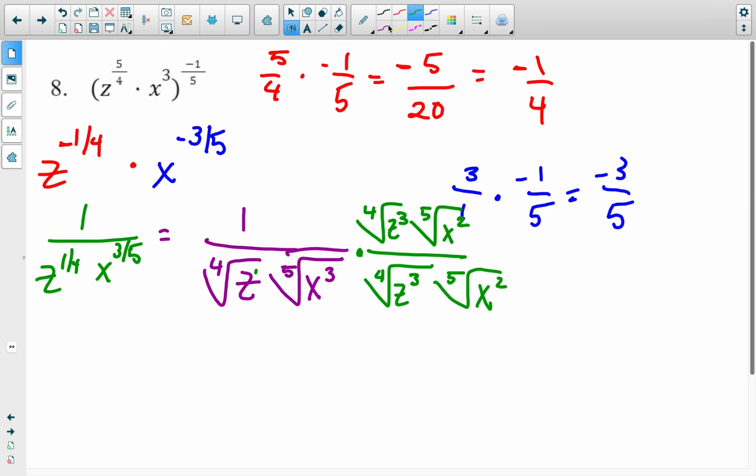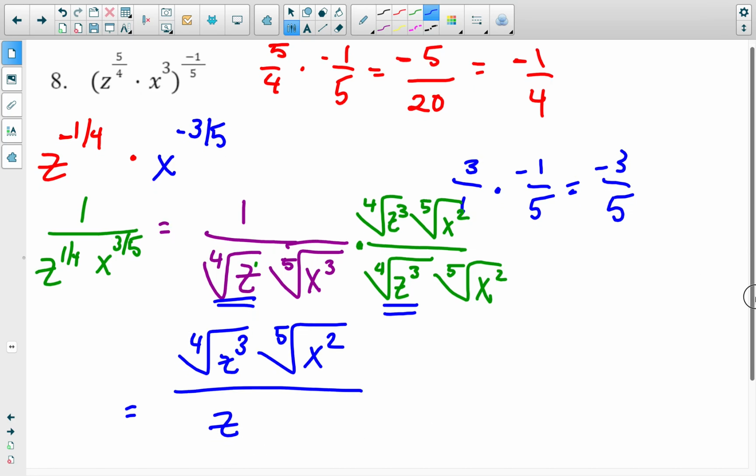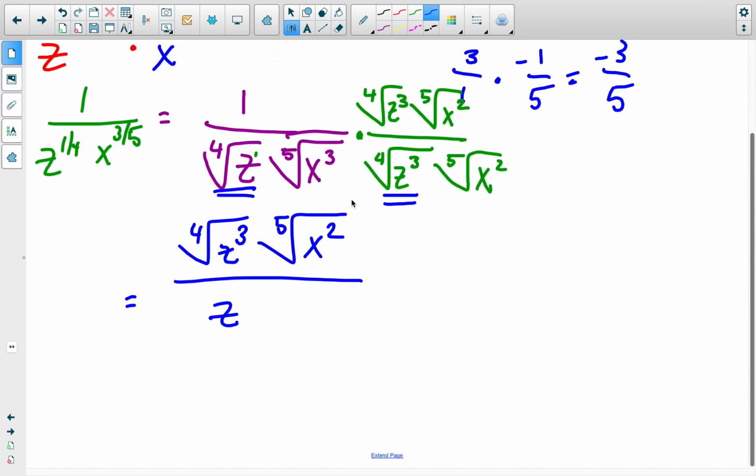And then multiplying very carefully, our numerator is just going to be this: 4th root of z to the 3rd, 5th root of x squared. And then when we multiply these 4th roots together, we should end up with z, because we chose to multiply by a certain thing that would give us z, and then we multiply our fifth roots together, we should end up with x.